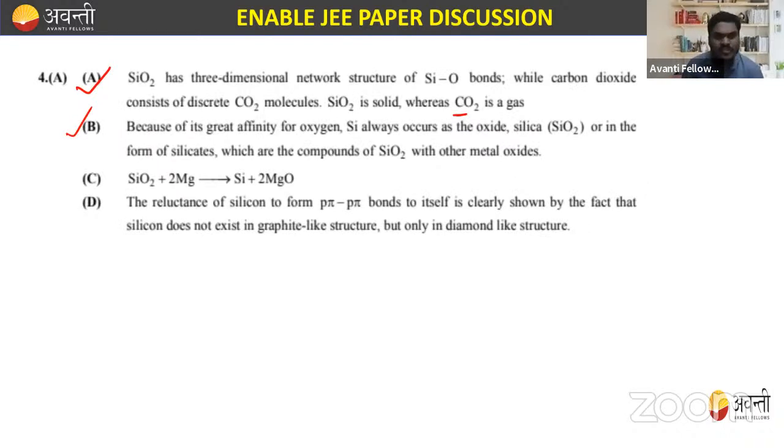The reluctance of silicon to form p-pi bonds with itself is clearly shown by the fact that silicon does not exist in a graphite-like structure, but only in a diamond-like structure. It means except option A, all options are absolutely correct, right? So I hope it is clear to everyone? Okay.